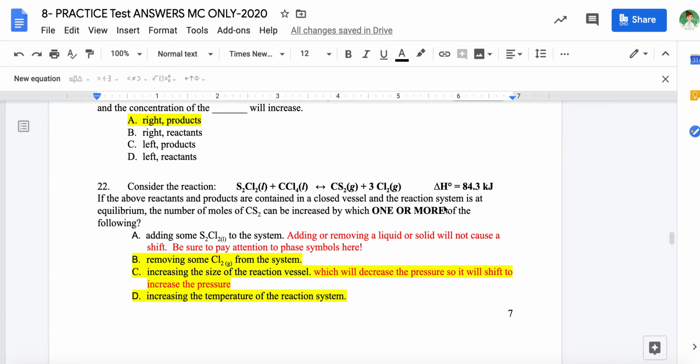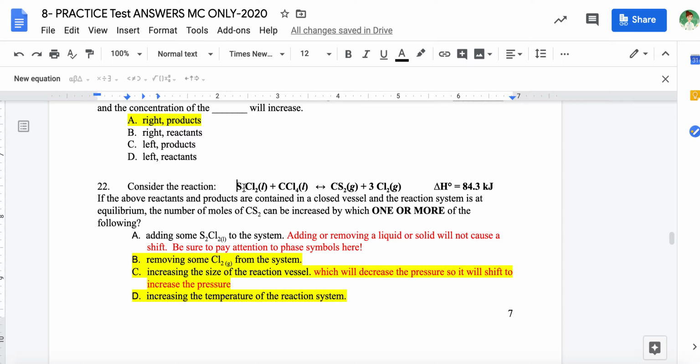And then we said previously the reaction is endothermic. So that means the heat is on the reactant side. So if the heat is on the reactant side, if we increase the temperature, that would be like adding more reactant, it's going to shift to make more product.